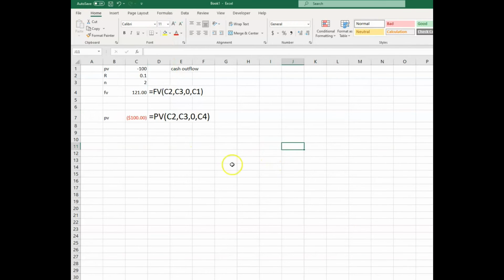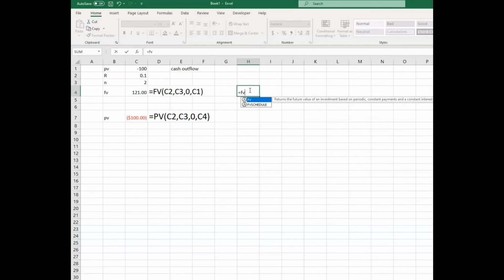So we have two Excel functions. The first one is future value. The first input is rate, the second input is number of periods, and the third input is payment. For this chapter, we only discuss one future cash flow, so this is 0.